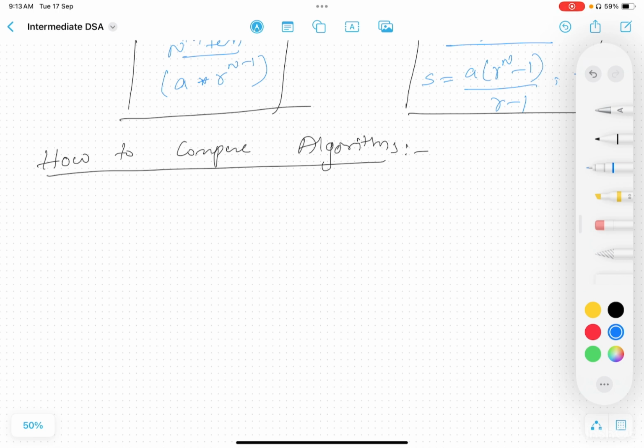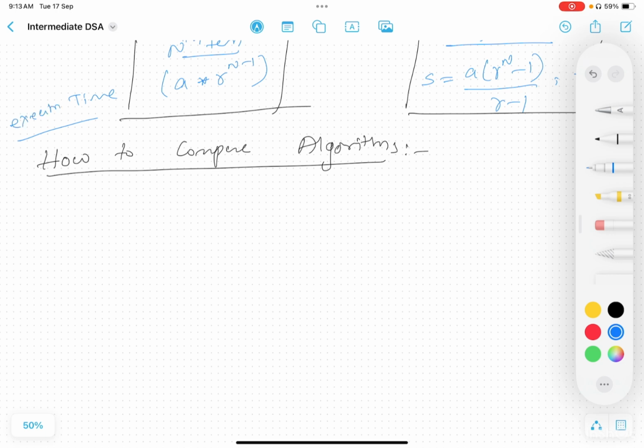Whose algorithm is good? Okay, we were talking something about execution time from the beginning. We tried reducing this execution time also, right? But do you think it's the only way to compare an algorithm?